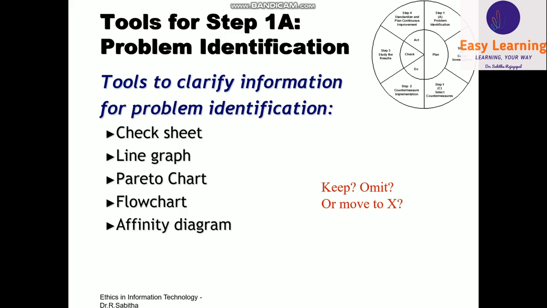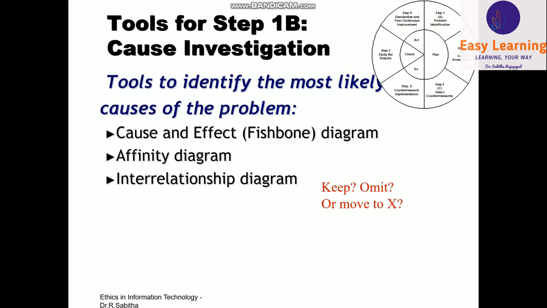You can use any of these tools. It depends on the knowledge level of the people who are involved in this problem identification phase. Next comes step 1B, which is cause investigation. Cause investigation is a process where we are going to find out the cause of the problem. We are going to analyze what are the various reasons from which we have got this problem.